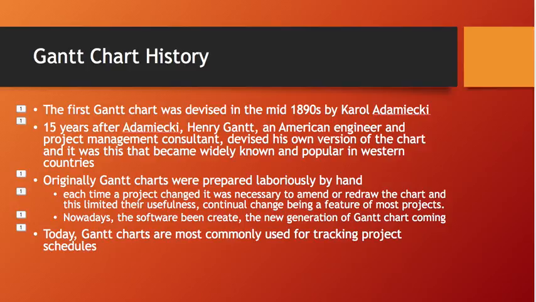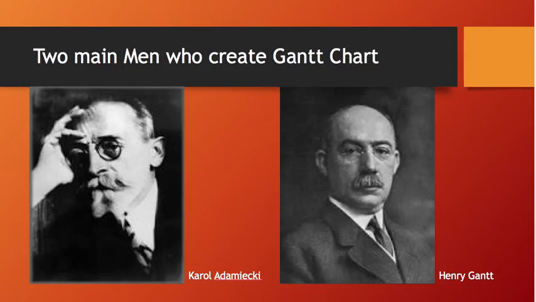Okay, and the history of the Gantt chart. The first Gantt chart was devised in the mid-1890s by Karol Adamiecki, which is him, a Polish engineer who ran a steel works in southern Poland and became interested in management ideas and techniques.